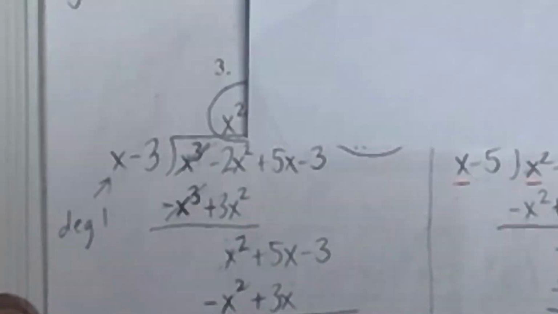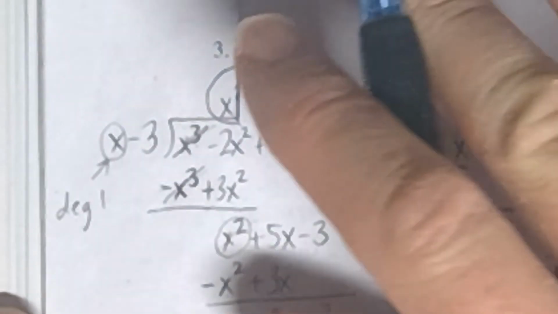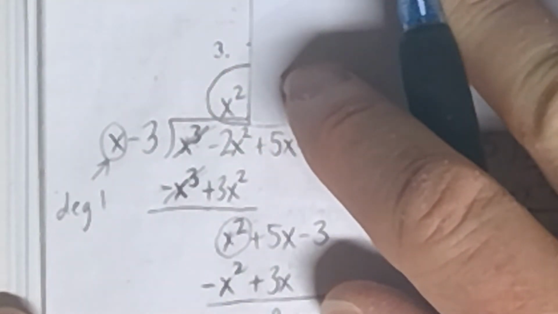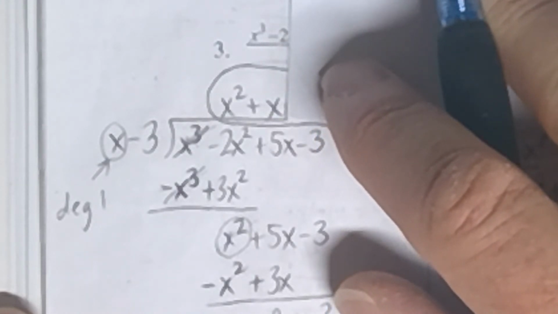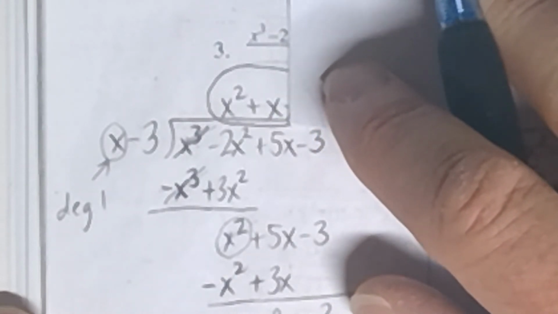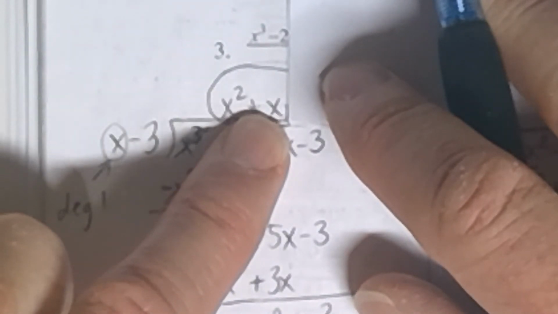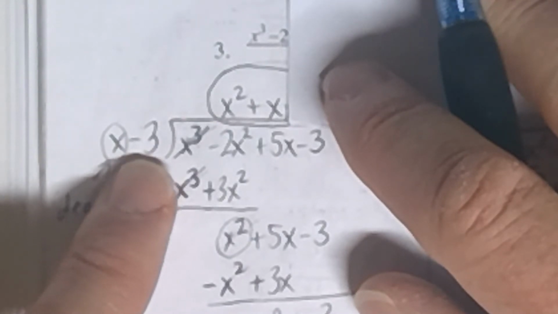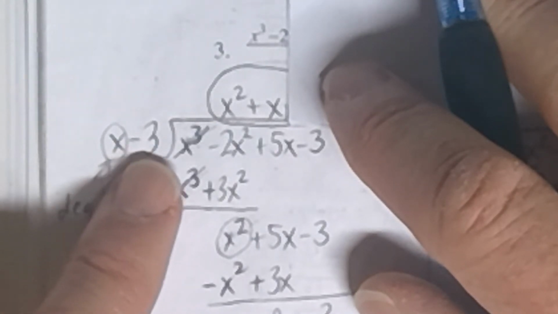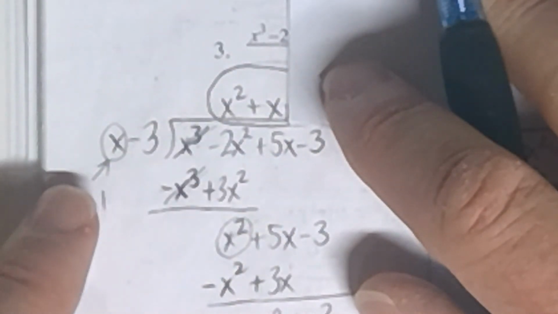All right, then we start the process all over again. I've got to take x squared divided by x, the first term and the first term. What is x squared divided by x? That is equal to positive x to the first, if you were to divide those in the normal way. So I put plus x up here. I then multiply positive x by these 2 terms here, distribute it through there, and it gives me x squared minus 3x, multiplying by positive x there.